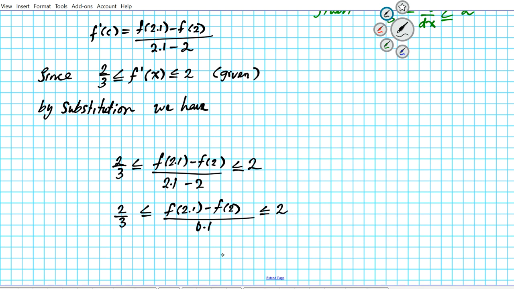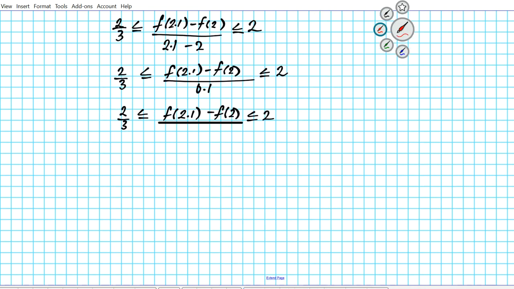Now let's write this as a fraction so we can finish this off easily. What is 0.1 as a fraction? 0.1 is 1/10. So we're going to write 0.1 as its fractional equivalent, 1/10.